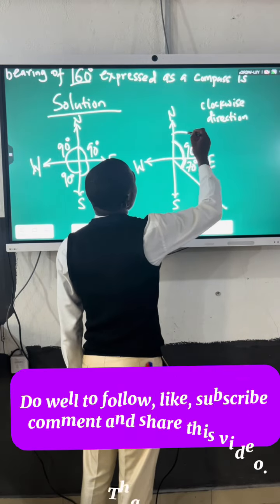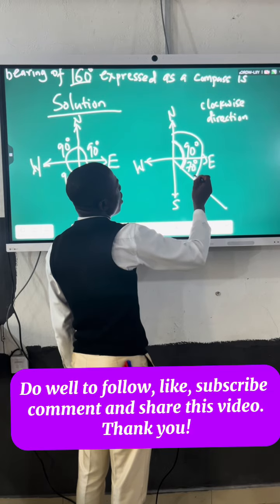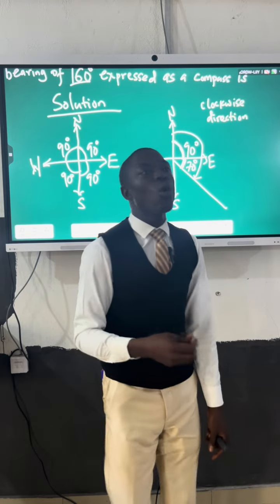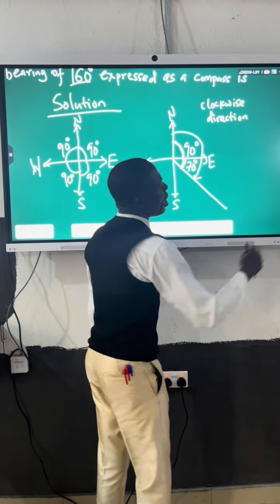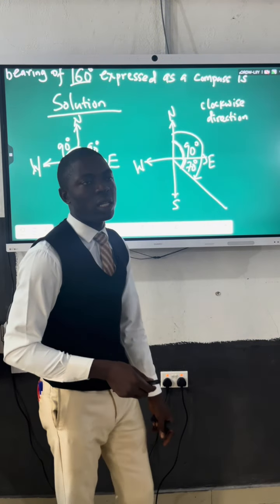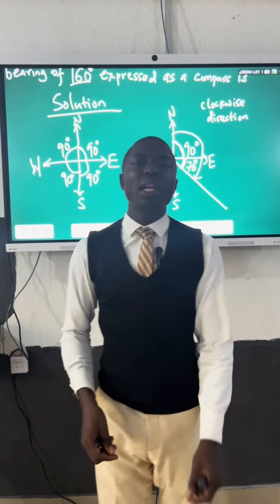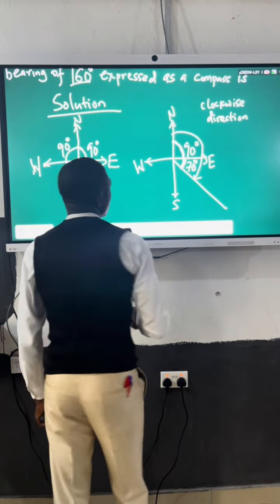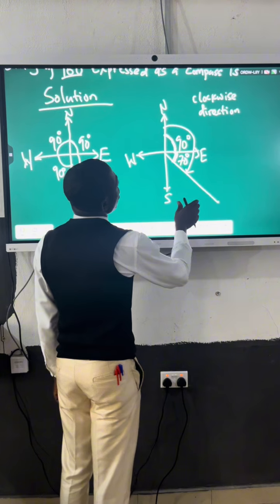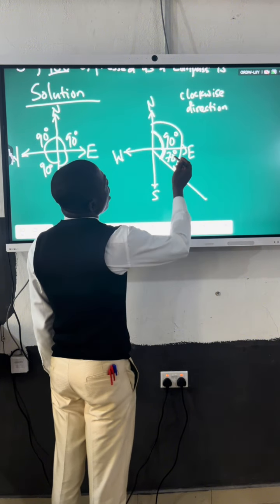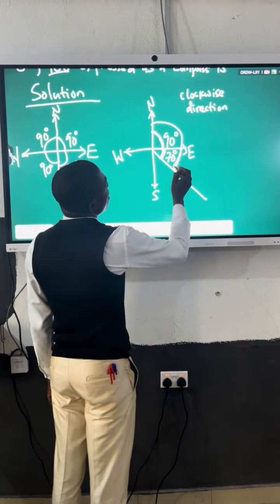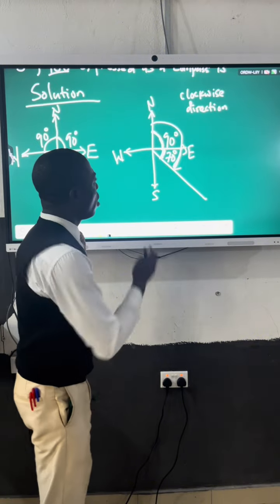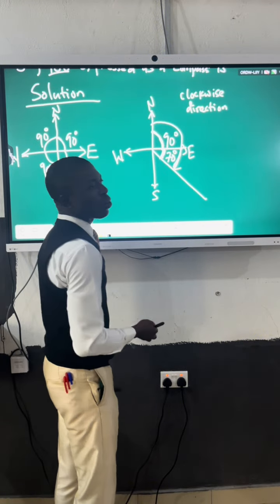So if you move in a clockwise direction from the north and cover an angle of 160 degrees, you will see a road that if you follow, it will lead you to the direction where you are going. But in compass bearing, we read angle with respect to either north or south. If you look here closely, you discover that where the angle 70 is situated is not directly towards the south.